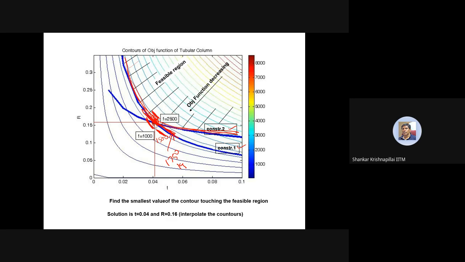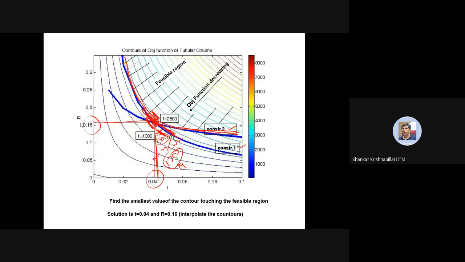The 1500 is a lesser weight, but it is out of the feasible region. So the 1750 contour, which is an interpolated contour, is the minimum weight, and the corresponding values of R and T can be read from here, like 0.04 and 0.16.